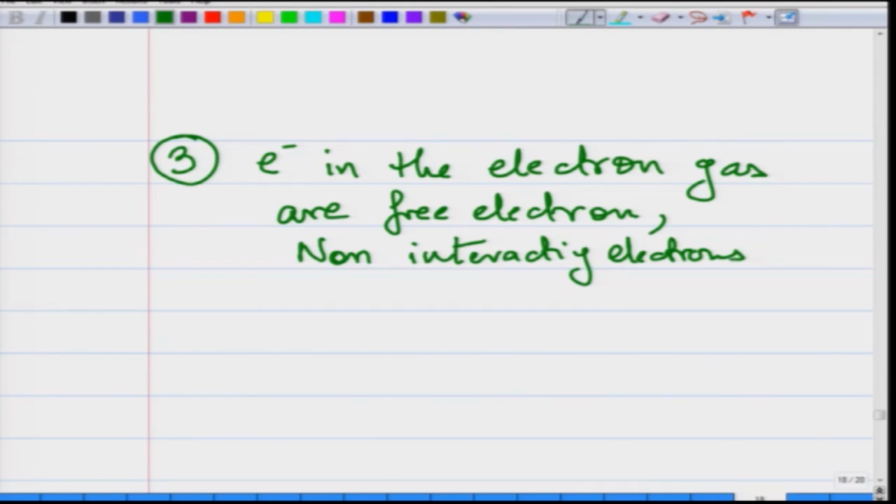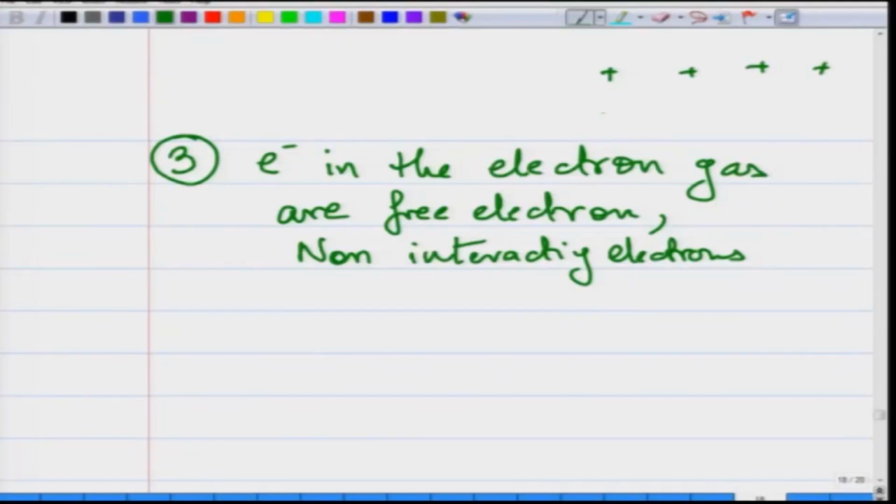Just like we had discussed that for the kinetic theory of gases, you will consider the gas is made up of particles which are like hard spheres, and they have only kinetic energy. There is no potential energy because they have no interaction between them.